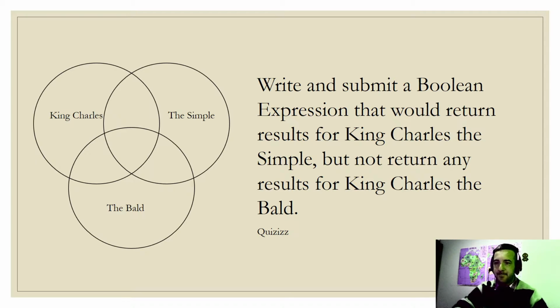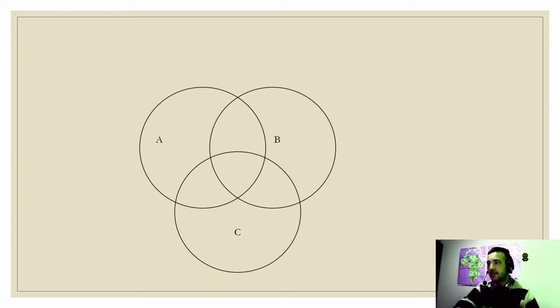All right. So, getting to that, I need to kind of explain how a Boolean expression takes place, right? So we start off here with basically A, B, and C. So if I search for A, it's going to give me everything in A. If I search for B, it's going to give me this whole circle of B. And so we can see how these different terms, A, B, and C, are going to relate and interplay.